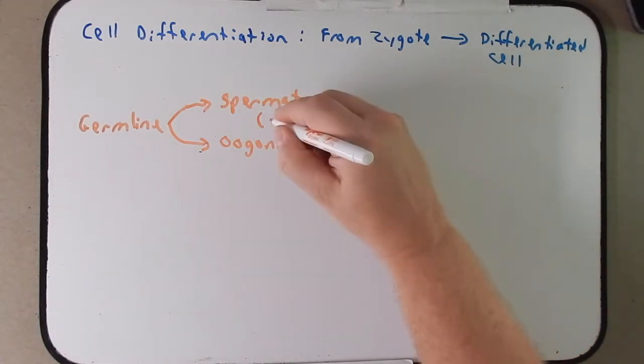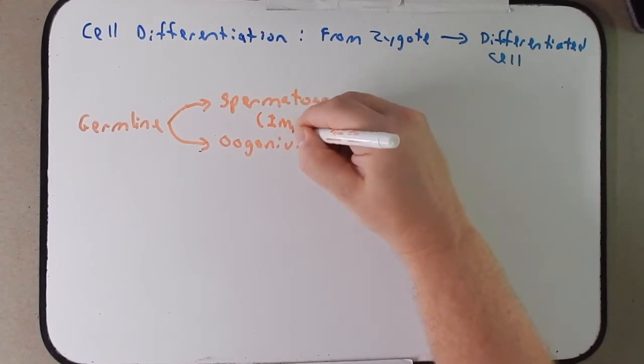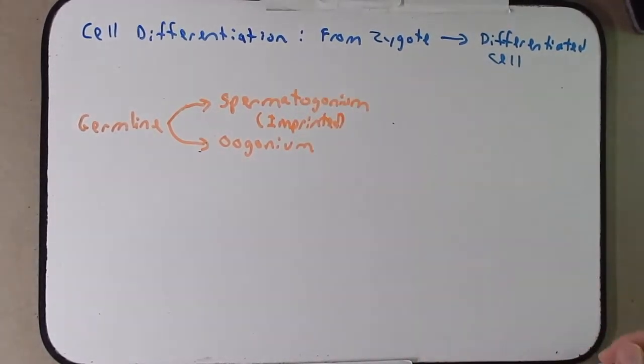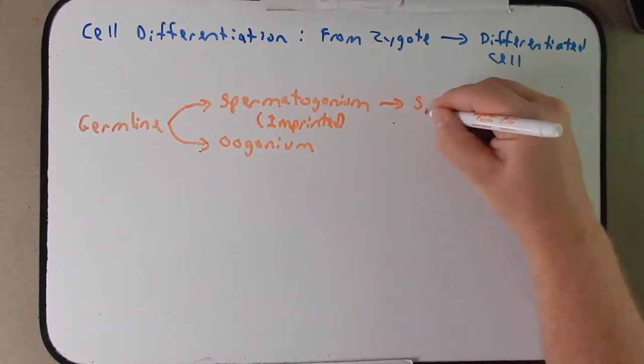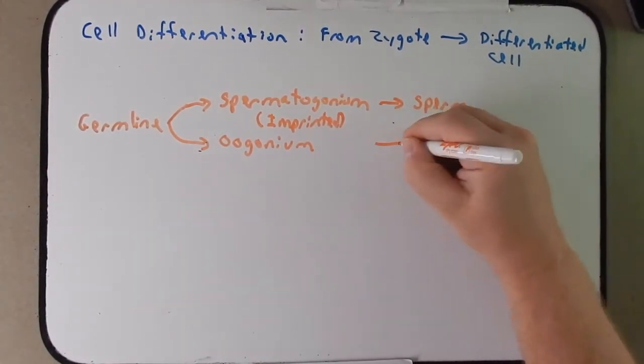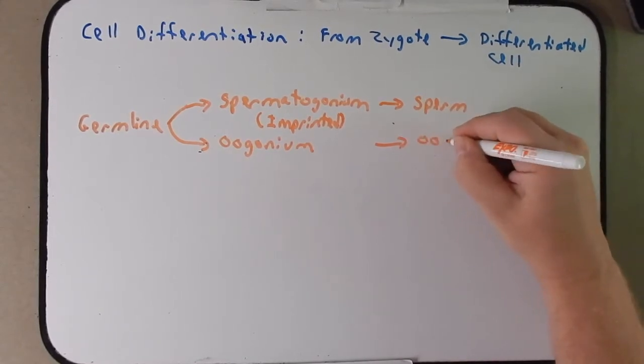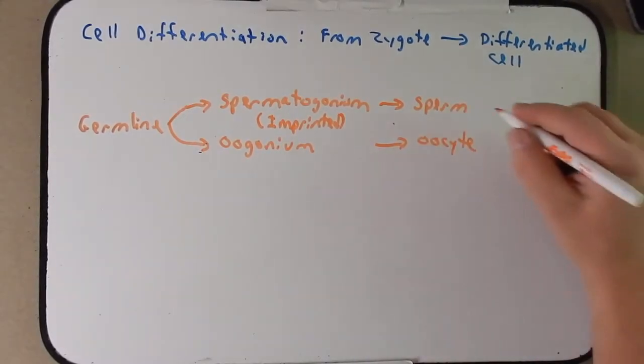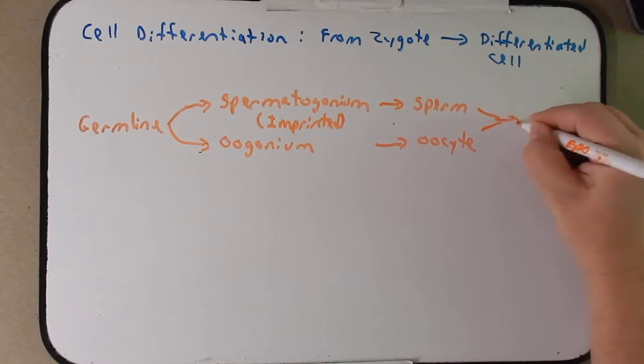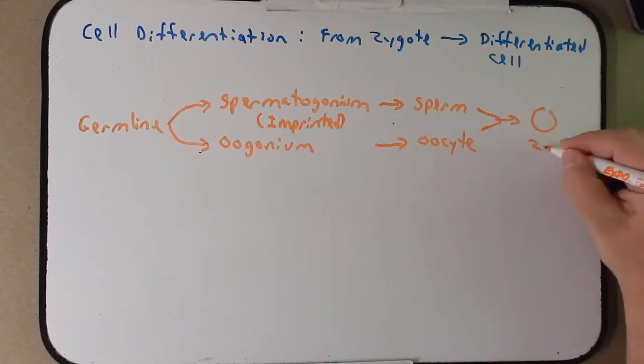So both spermatogonium and oogonium maintain the sex-specific imprinting. They would then go on to produce the sperm, or the egg, or oocyte, I should say. That could then be used for fertilization to produce the zygote.